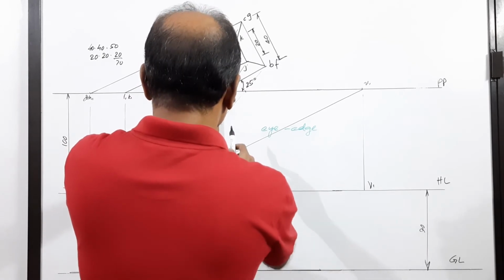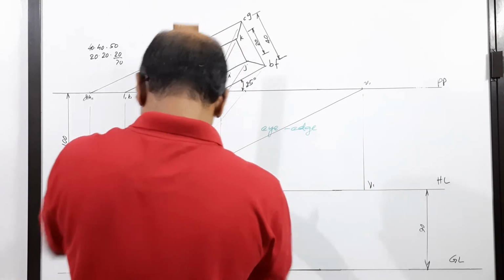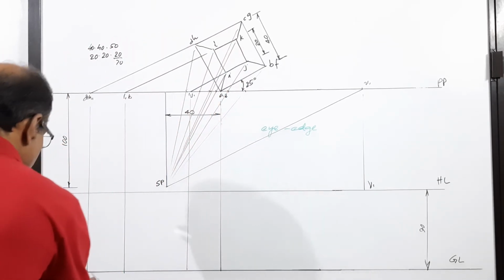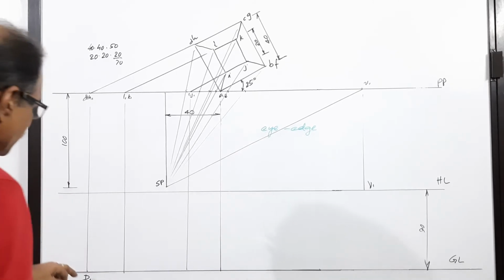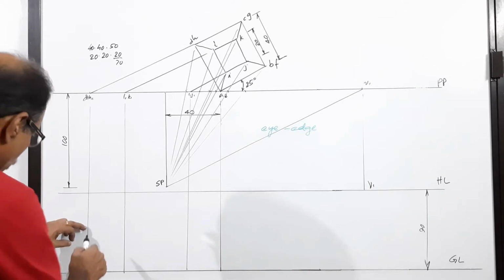That also has to be dropped down. Now, what is this? This is capital D1. Then, if this is capital D1, where is H1? H1 is 50 mm above that.